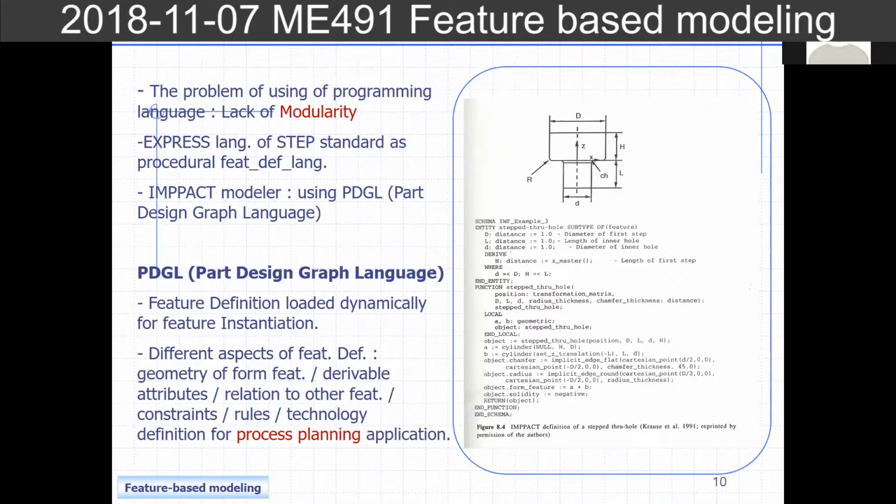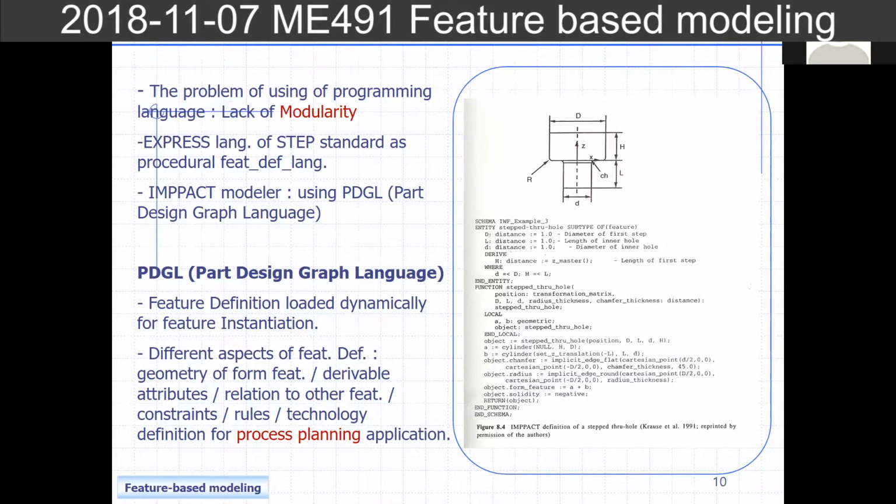They also use another specialized language called part design graph language. So there have been several different threads of development.